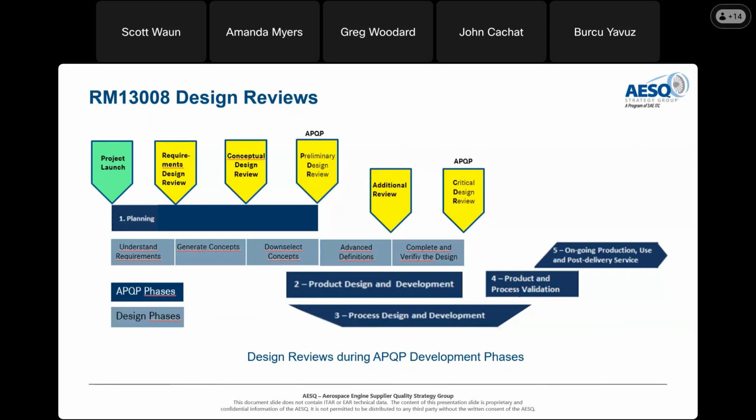The reason for that is that we have to align the best practice design reviews with the APQP, Advanced Product Quality Planning. As you can see here, there are only 2 design reviews set: a preliminary design review required by APQP and another critical design review required by APQP 2.